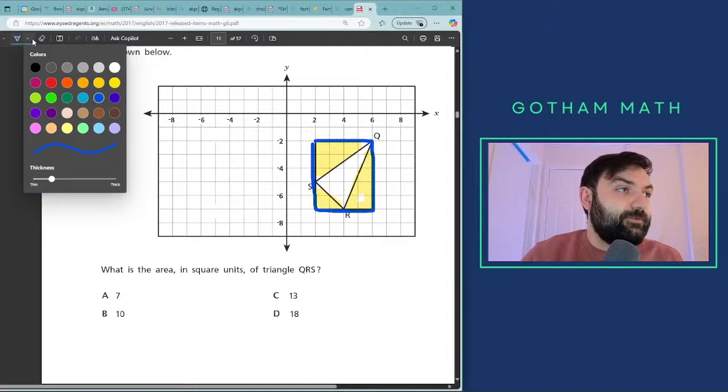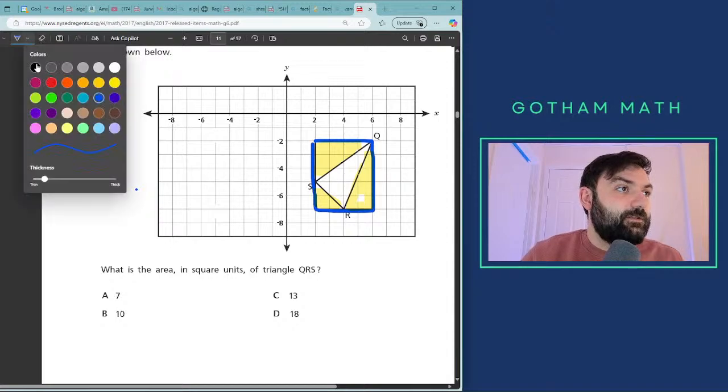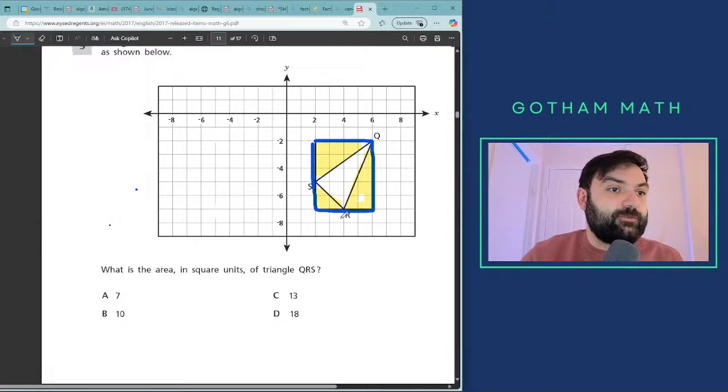All right, so how do we find the area of these parts? First is the rectangle: it's going to be 4 times 5, so 20, minus, and now we have to find the yellow ones. The area of a triangle is base times height over 2.